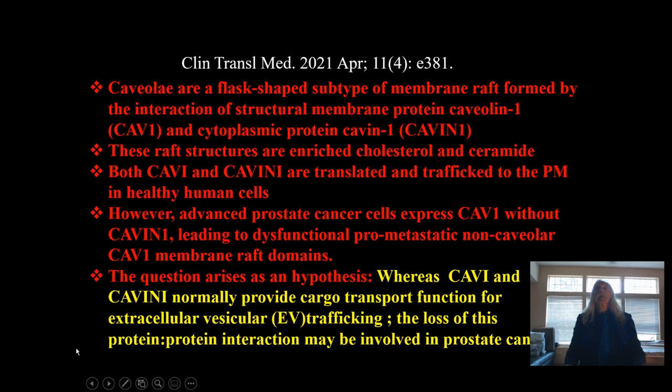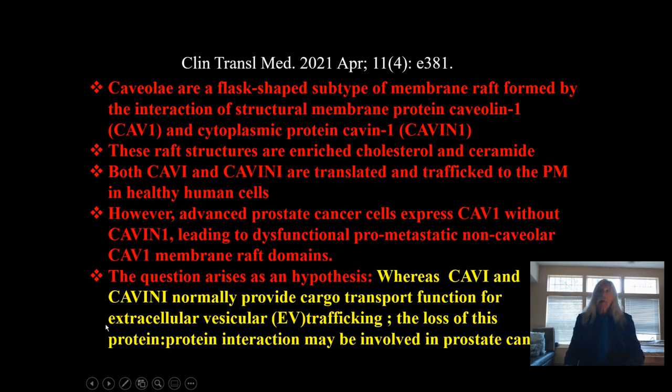Right? Okay. So as we say here, caveolae are flask-shaped subtype of a membrane raft. So again, there's multiple subtypes when you look at them structurally. And it's formed by the interaction of a structural membrane protein called caveolin-1, CAV1, and another protein, which sometimes people get confused with.